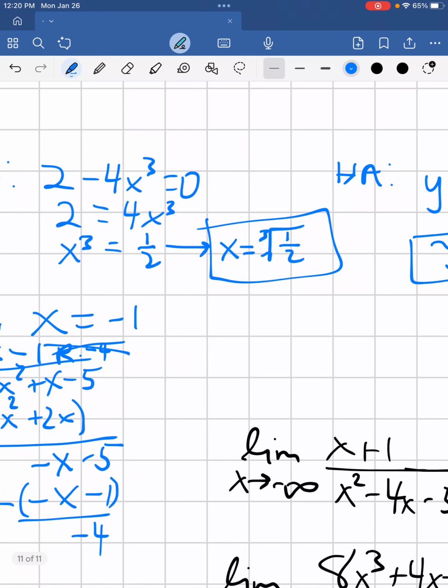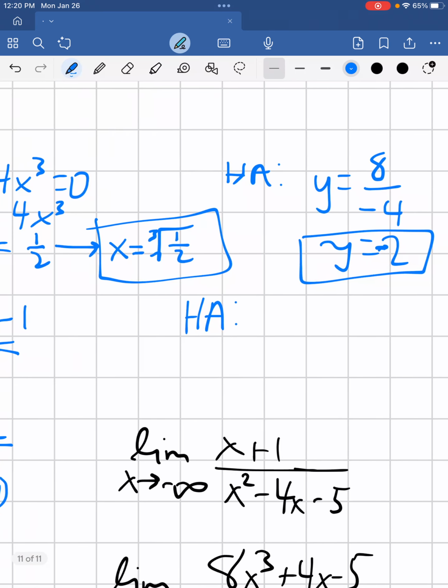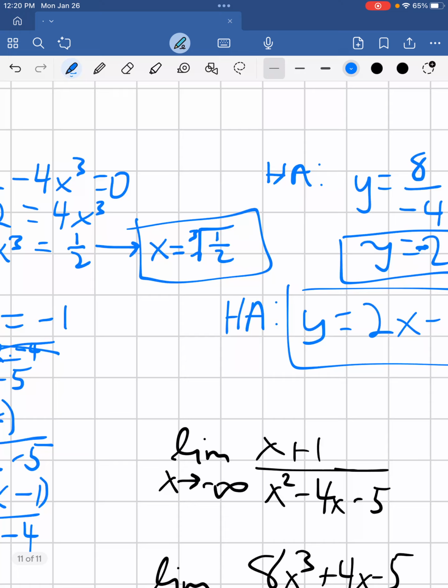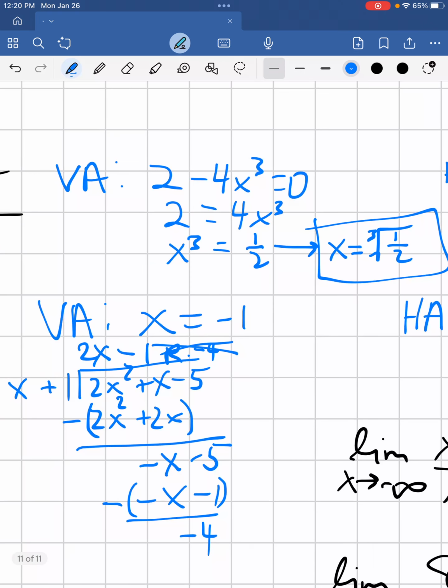So with that said, our horizontal asymptote is going to be a slant asymptote with the equation y equals 2x minus 1. Right, 2x minus 1, which comes from our long division. Again, we just ignore the remainder for the purposes of writing the asymptote. Okay.